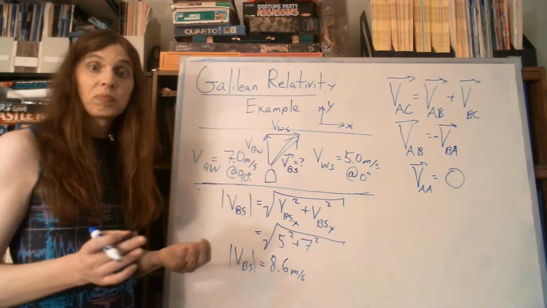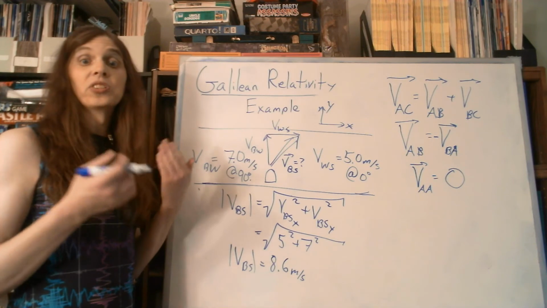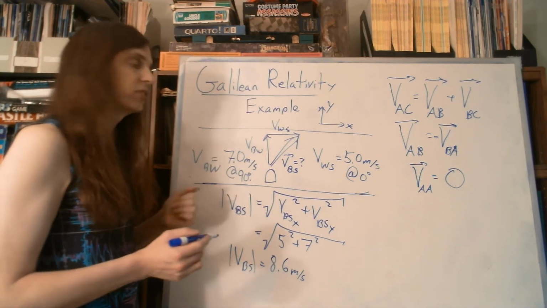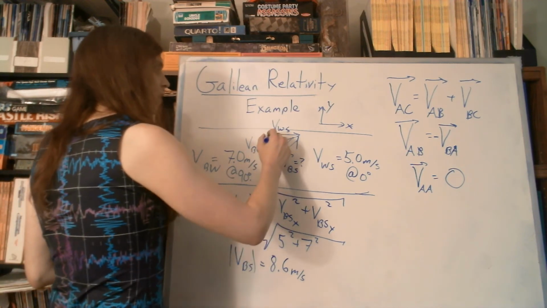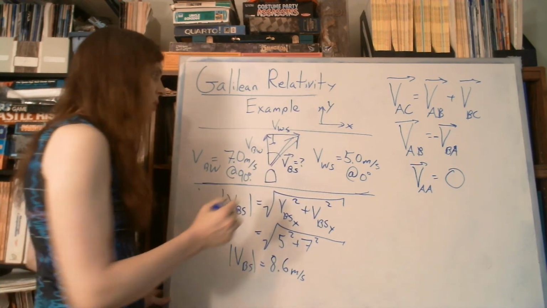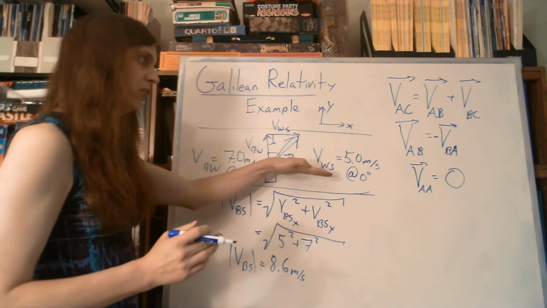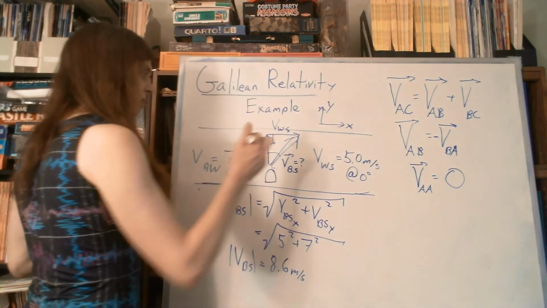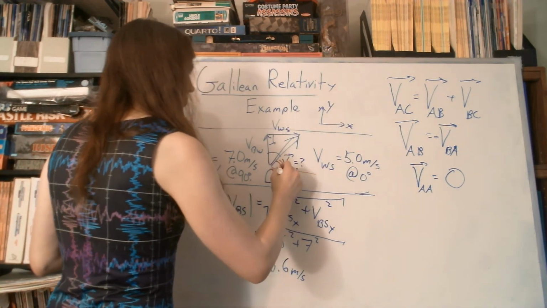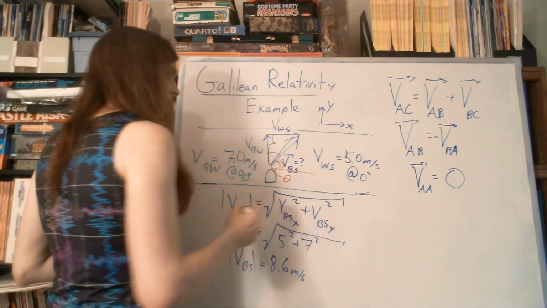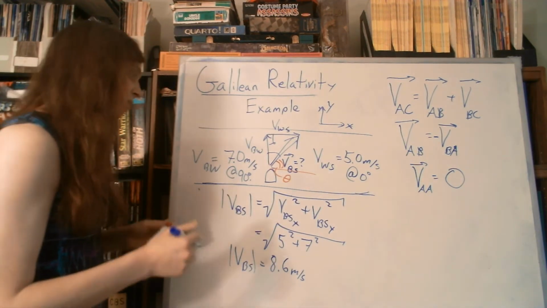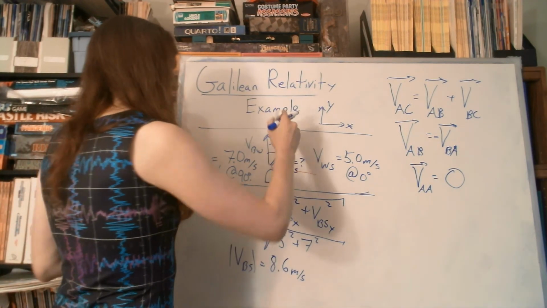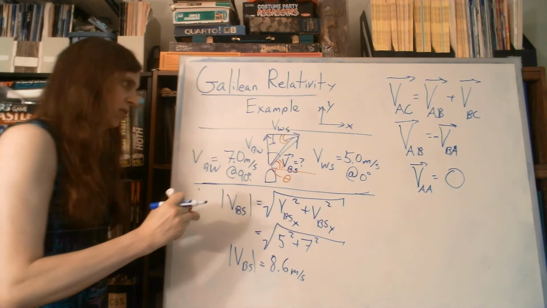That's insufficient. We need to know direction. This is a vector quantity. And so we want to know what angle this is. Now, we could look for the angle that's interior to this triangle here. I've been measuring my angles away from the shore, so I'm interested in this angle here, and that's the same as this angle there.